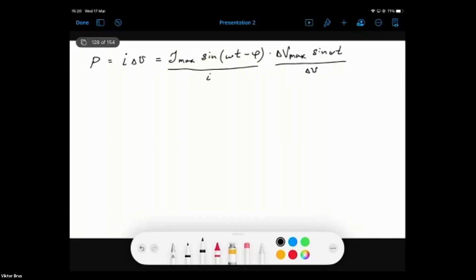So this will result in the expression of I maximum times delta V maximum times sinus omega t times sinus omega t minus phi.